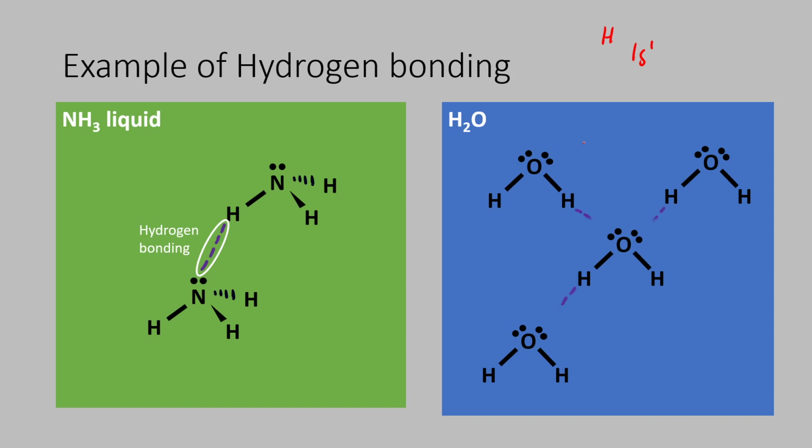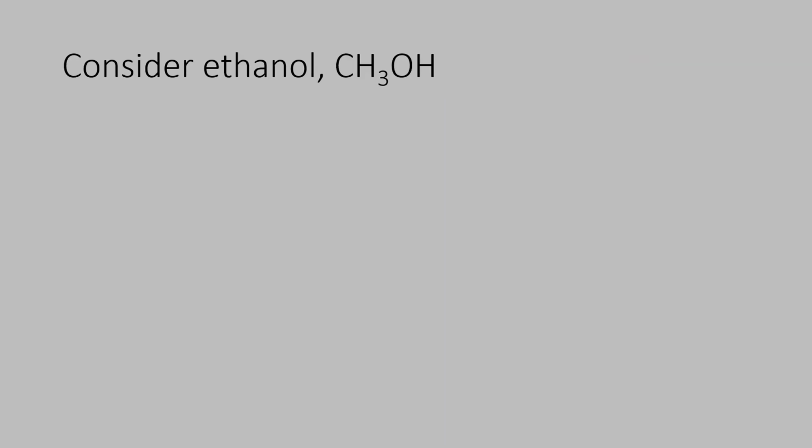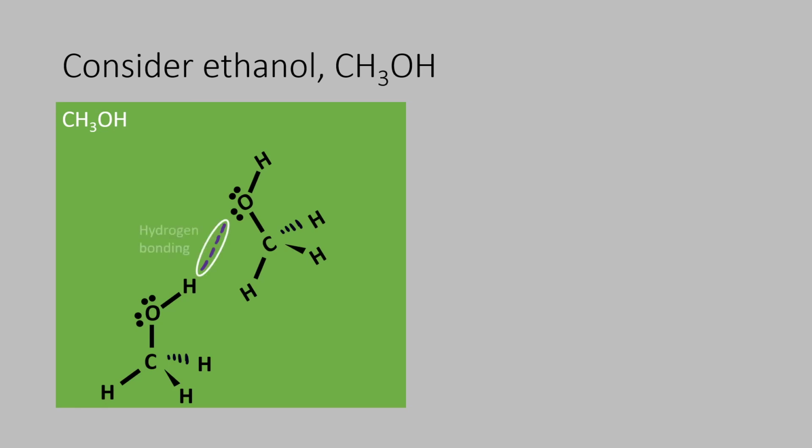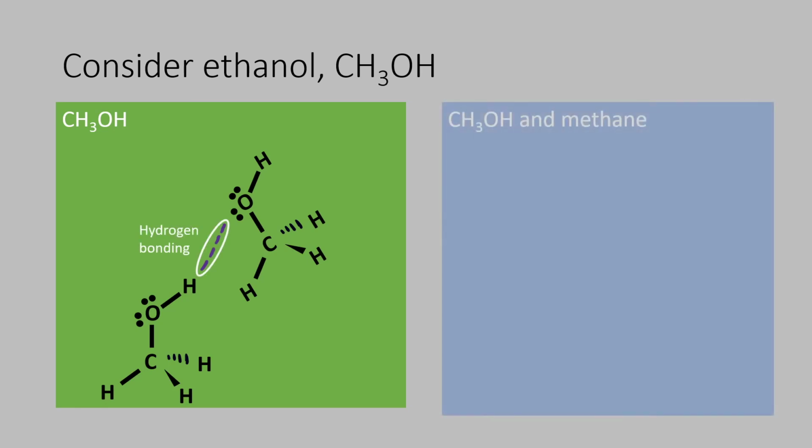Dia suka. So it boleh bond dengan the lone pairs of oxygen. Water is special because dia boleh buat dua hydrogen bonding each. Okay, sebab oxygen ada 2 lone pairs, so dia boleh buat 2 hydrogen bonding with 2 different hydrogen.